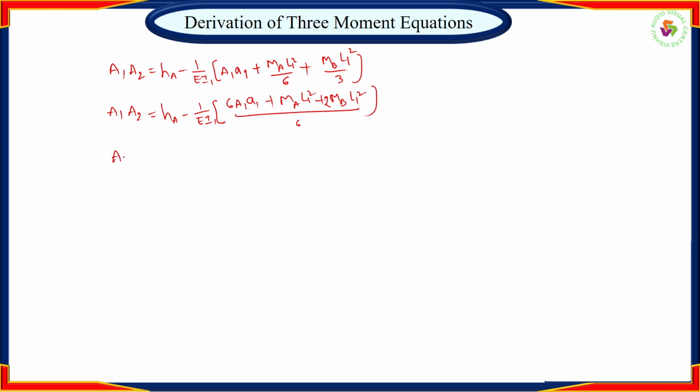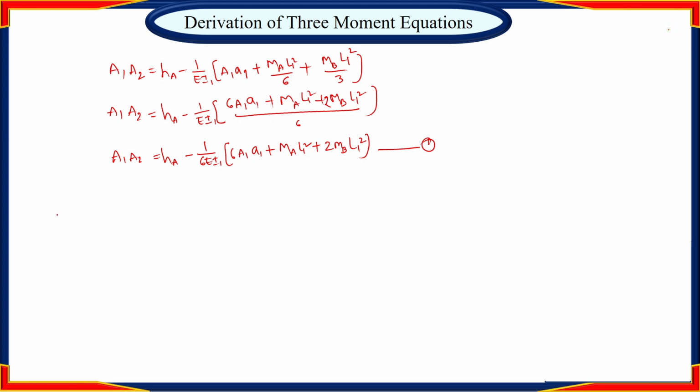Now we can write A1, A2 as HA minus 1 by 6EI1, taking this 6 outside, into 6A1 plus MA L1 square plus 2MB L1 square. So now, let us assume this is equation number 1.